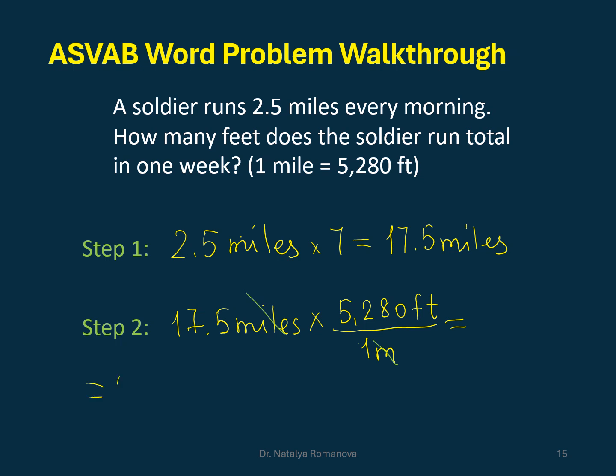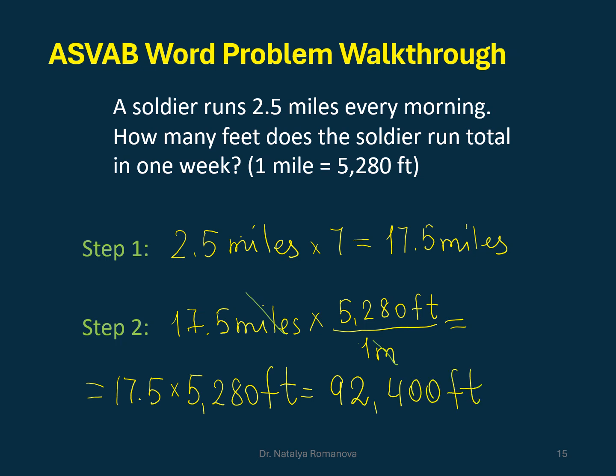We take 17.5 times 5,280 feet. We have 92,400 feet. This is the correct answer for your ASVAB exam.